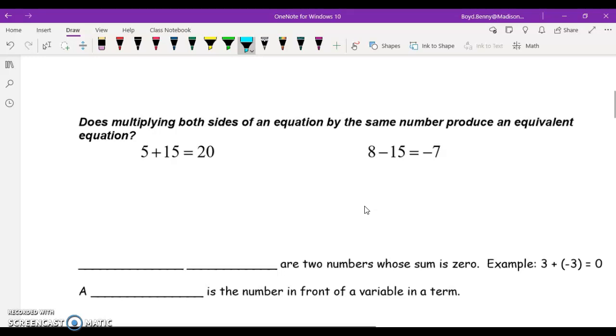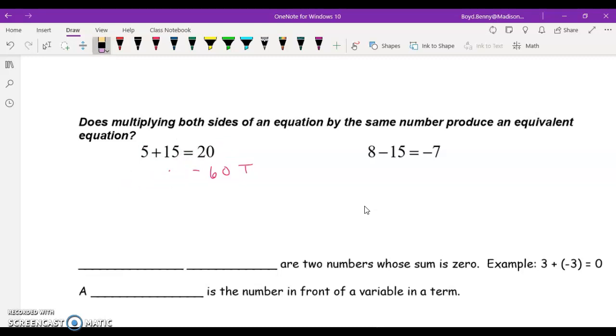Okay, so does multiplying work the same way? Well, let's take a look. What if we multiply both sides of this equation by 3? Let's see, that would make this 15 plus 45 equals 3 times 20, which would give me 60. Well, is 45 plus 15 equal to 60? Well, yes, that's true. What about division? What if we divide?